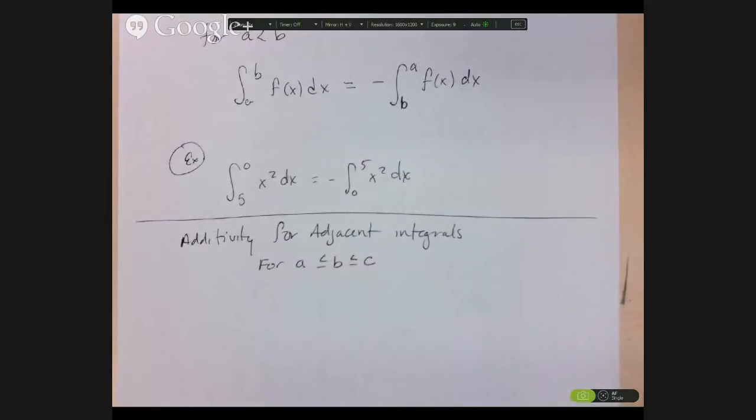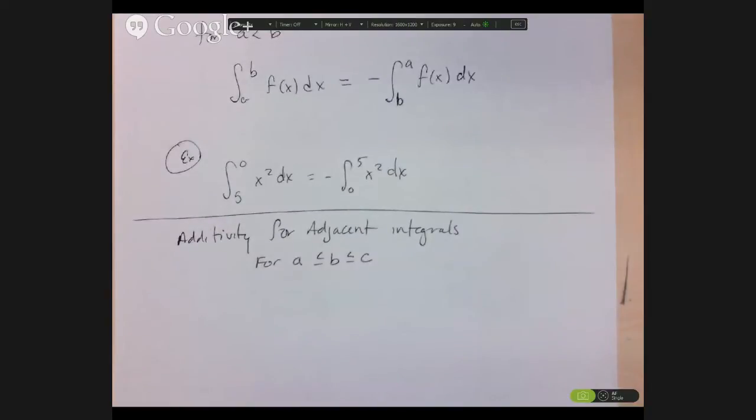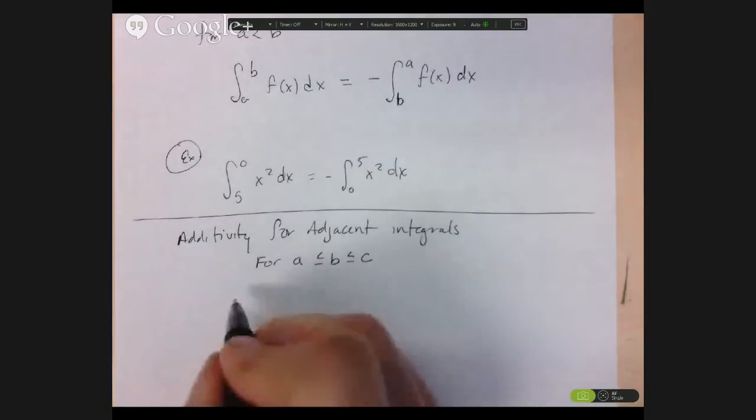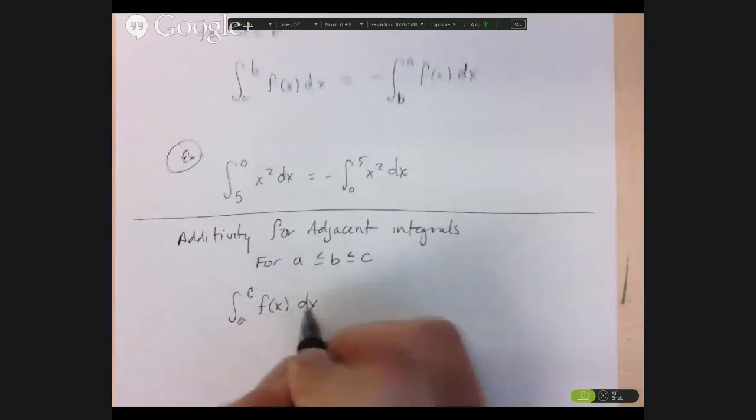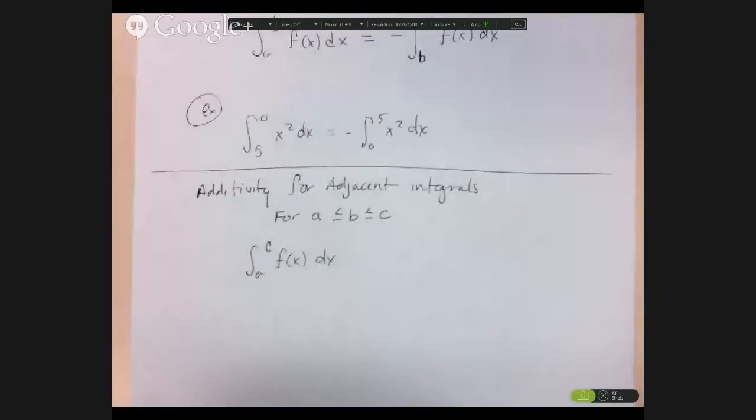Okay, so we have 3 numbers. A is less than or equal to B, less than or equal to C. If we have the integral from A to C, and we need to split it, and we will at times, the signed area is a good example of sometimes we have to split it.